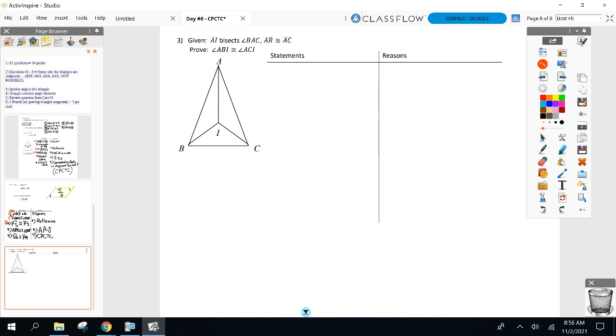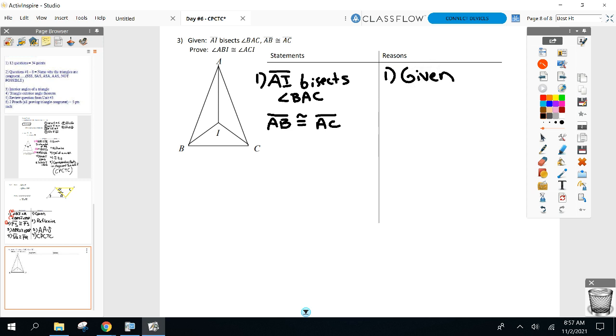Because in this diagram, we've got to figure out which 2 triangles I've got to prove congruent. And we don't assume which 2, just because they look like it.